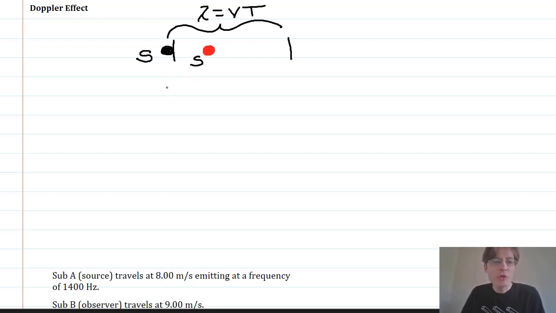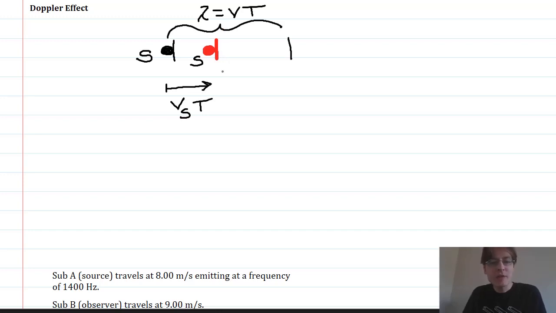And if the source is in motion, then we know what that distance would be. That distance would be Vs, the speed of the source, multiplied by the period of the sound waves. At that moment, when it's right here, the source emits the next sound wave.